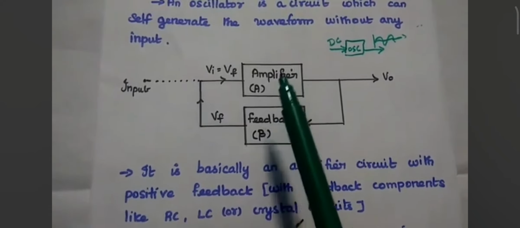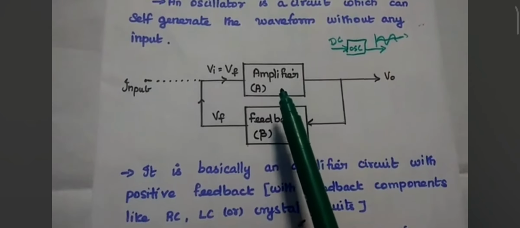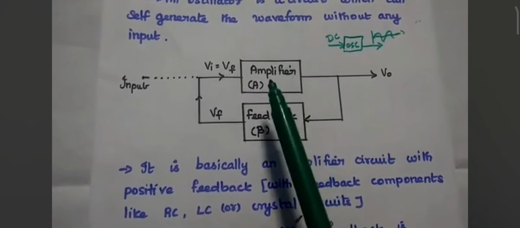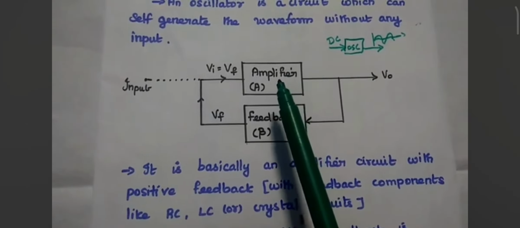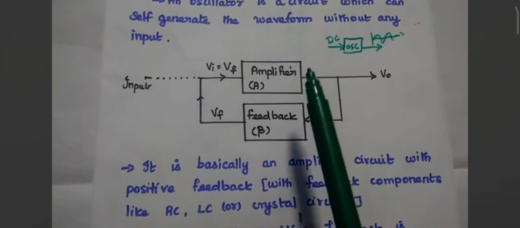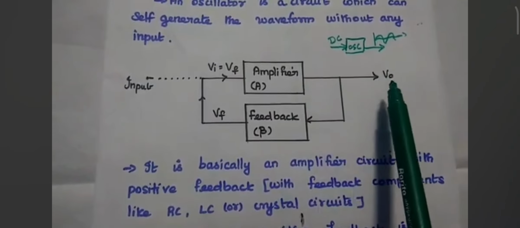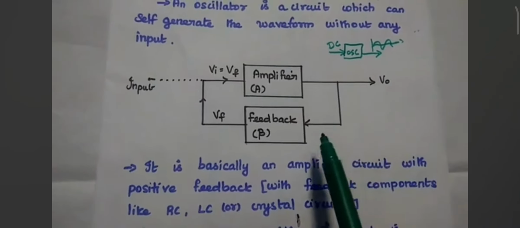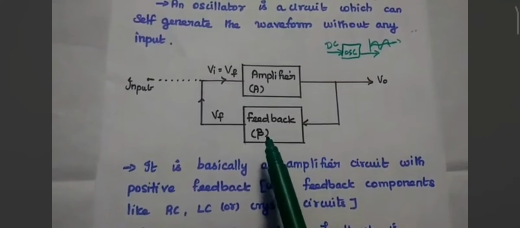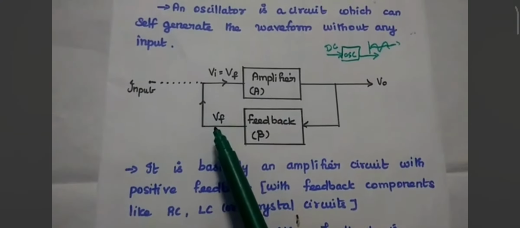Here the active device requires DC supply voltage for its operation. So we are giving only the DC supply voltage to this amplifier, not the input. Okay, it can generate some small amount of noisy signal as the output that can be given as input to this feedback with a gain beta. It can produce the feedback signal VF.